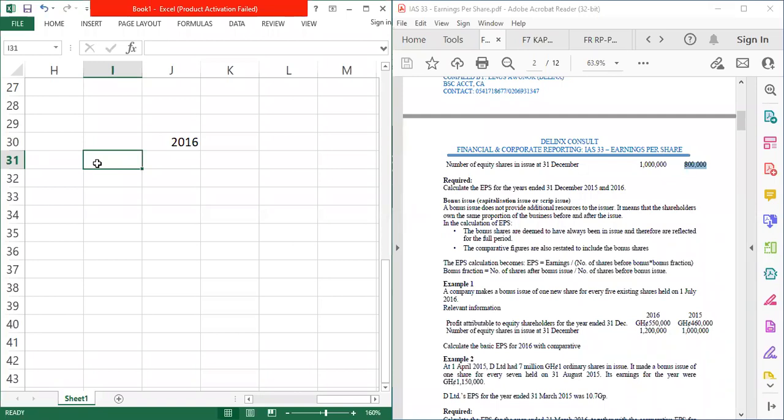How many of those shares can you bring and take the new one? So it is 1/5 times the number of shares that you have.